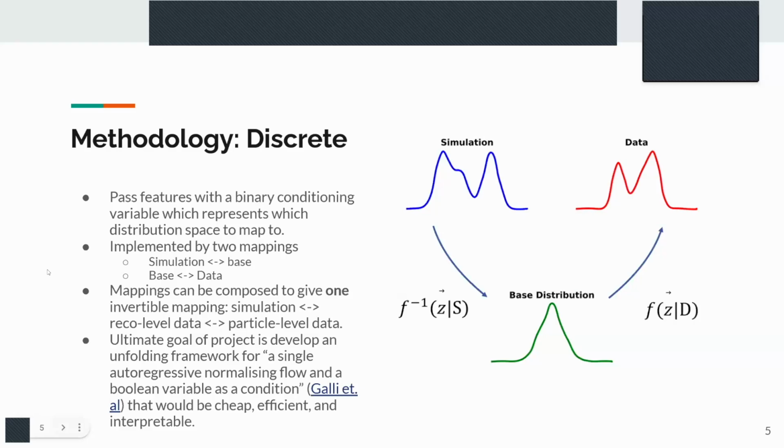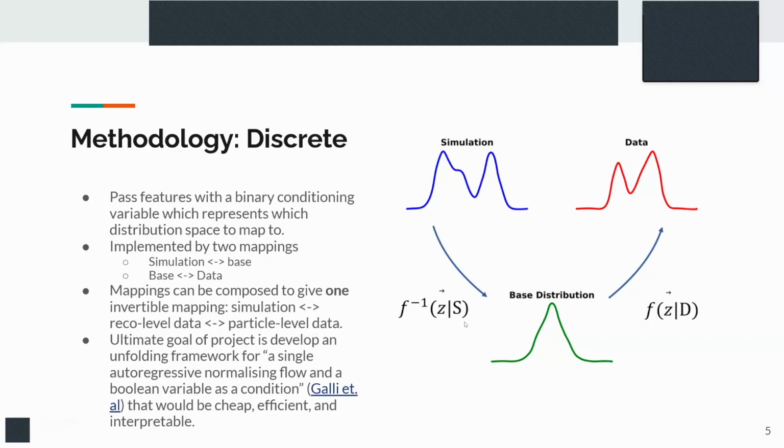The methodology we use is that we pass features, represented by Z here, with a binary conditioning variable, which represents which distribution space to map to. So we can have two successive mappings represented by our binary conditioning variable, which are simulation to base and base to data. And obviously, since the function is invertible, we can go the other way as well.